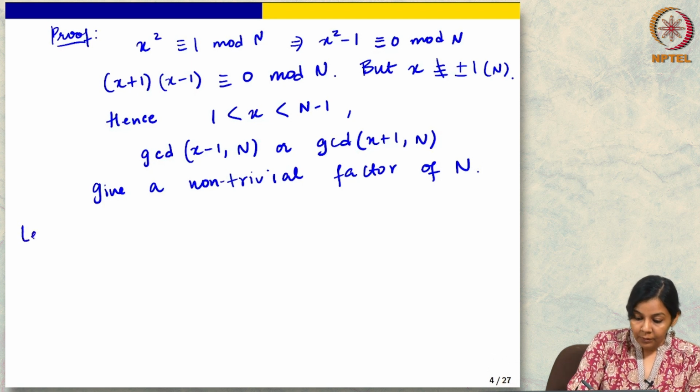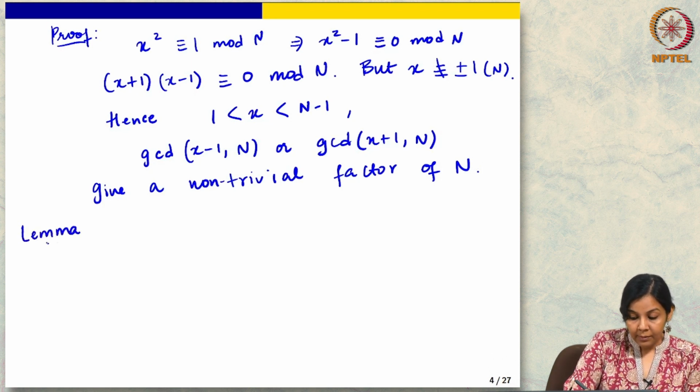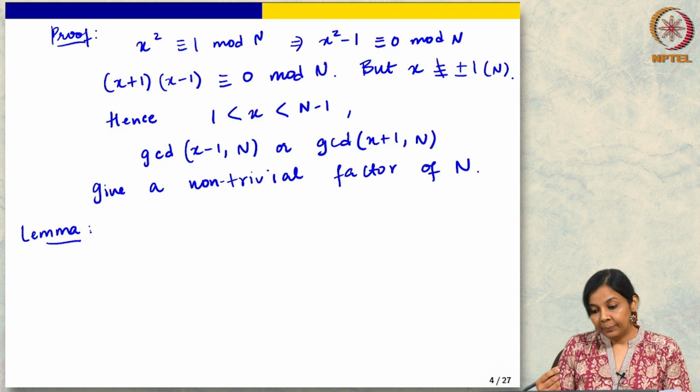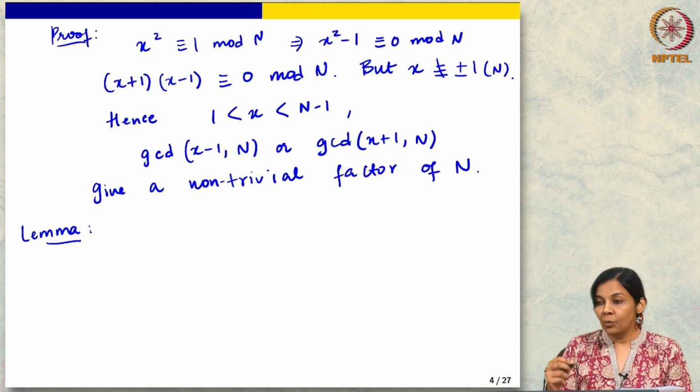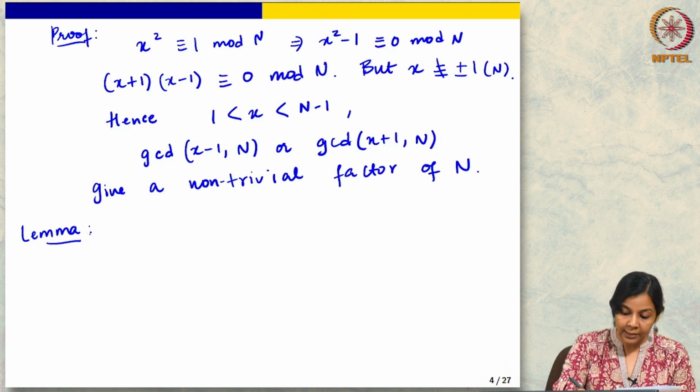Okay, so let us now look at another lemma. This new lemma that we will show will come in handy in the future. So, for now we will just state it.